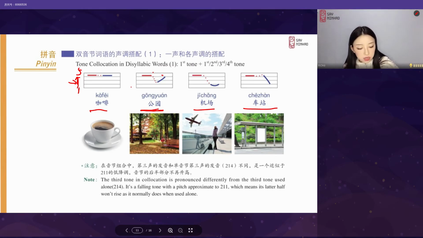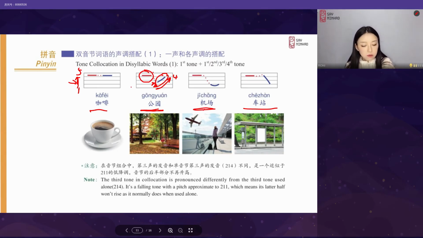And we can see the first tone is still the highest, and the second tone is rising up. It rises from 2 to 4. And the third one is 机场.